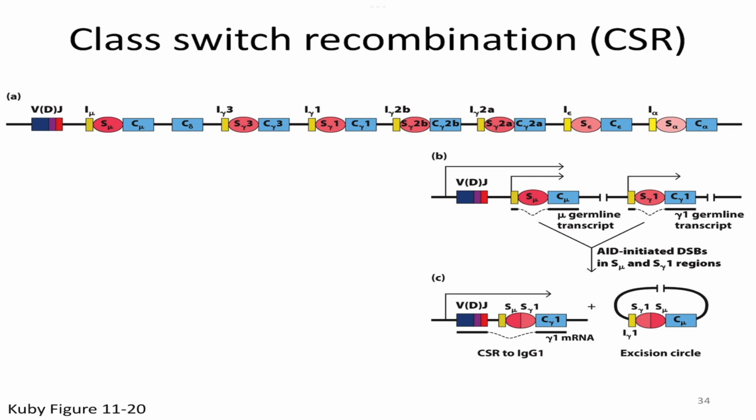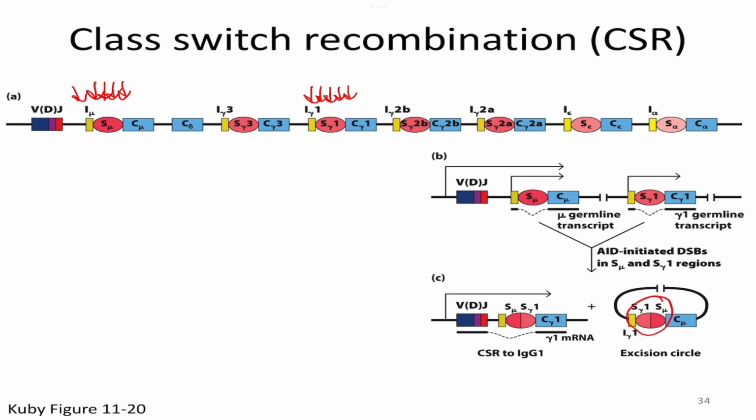So basically what is happening in these cases is that AID is putting a lot of mutations into the IgM switch site and into some other switch site, whichever one is available because of chromatin changes due to whatever cytokine the B cell has received. Now we've got these two pieces of DNA that are going to undergo general DNA repair.